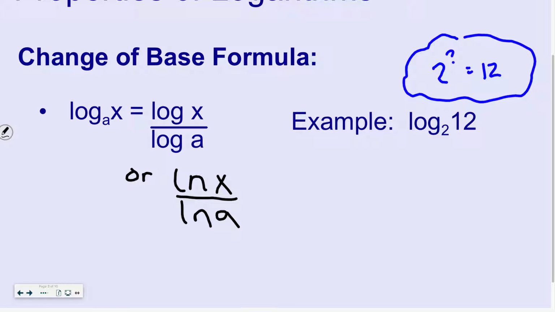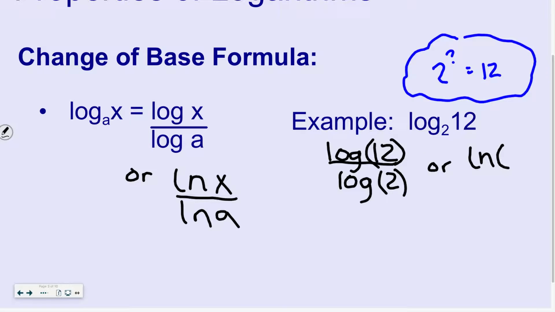So let's evaluate and see if Sierra was right, 3.5-ish. If we were doing log base 2 of 12, we would do with common log, the log of 12 divided by the log of 2. Or you could try the natural log of 12 divided by the natural log of 2. Those should come out to be the same answers.